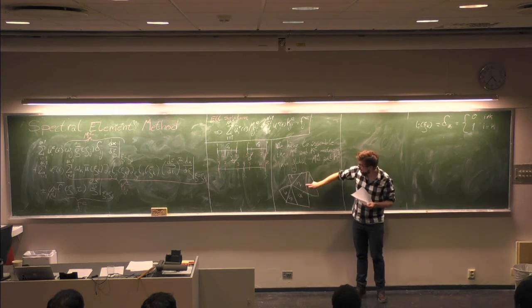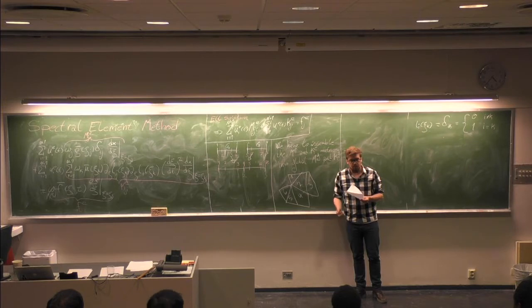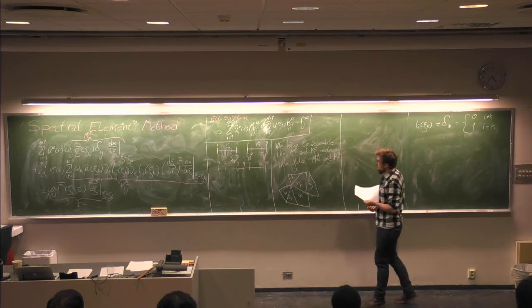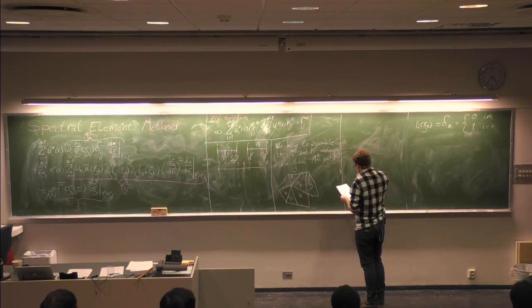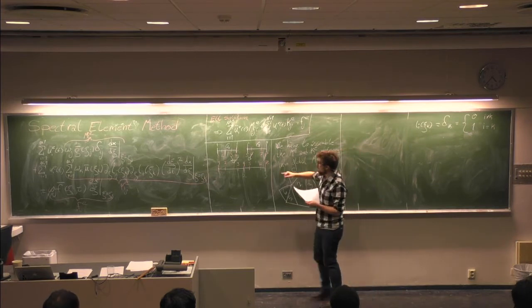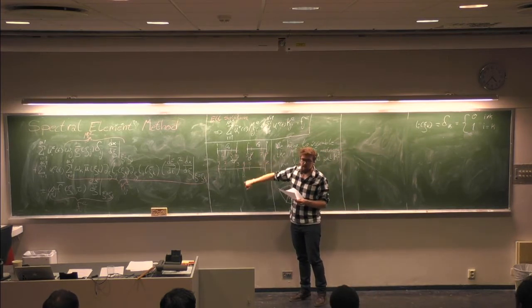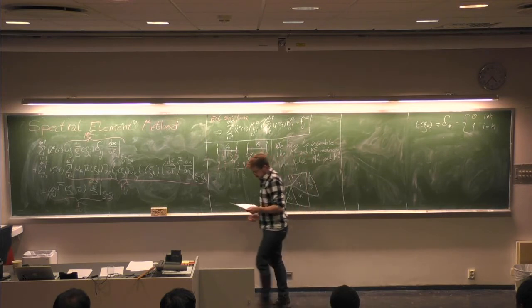Well, that's 1, 3, 4, and 6, so it's only a neighbor of 5. So there's a lot of bookkeeping going on here, which is why you need to keep track of everything. But in this case you basically just sum these two, and then you get it. But I won't go into more detail on that topic.